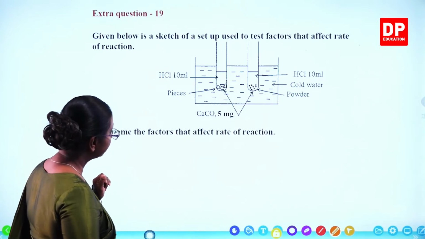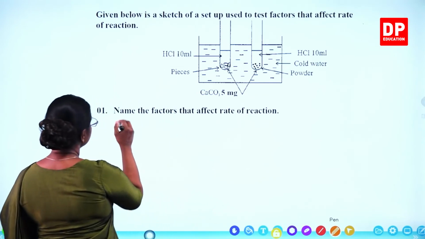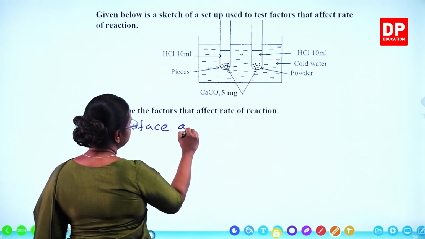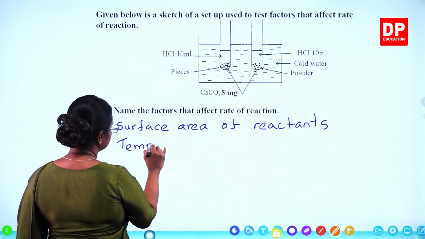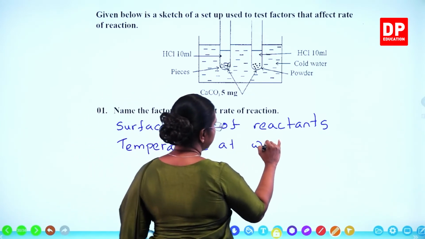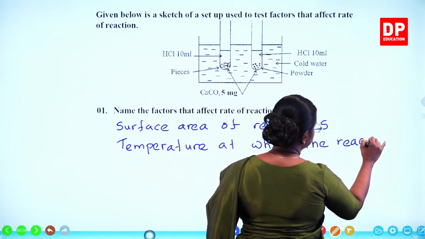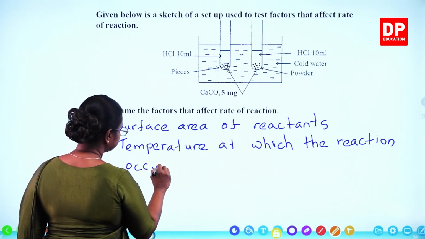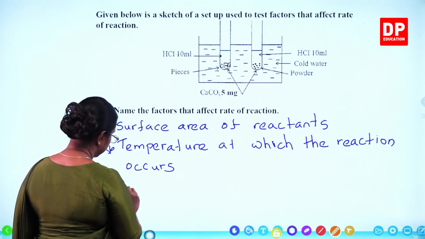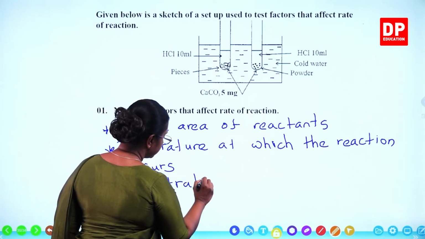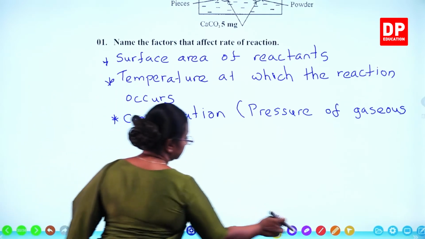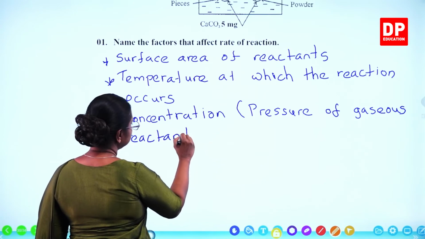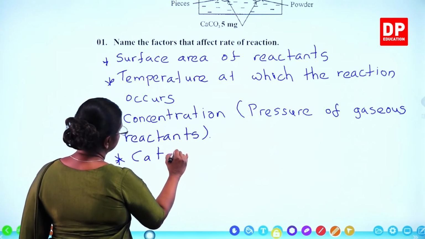First question, name the factors that affect rate of reaction. Factors that affect rate of reaction, you all know that surface area of reactants, then temperature at which the reaction occurs, and then concentration of reactants, and pressure for gaseous reactants, and also catalyst.